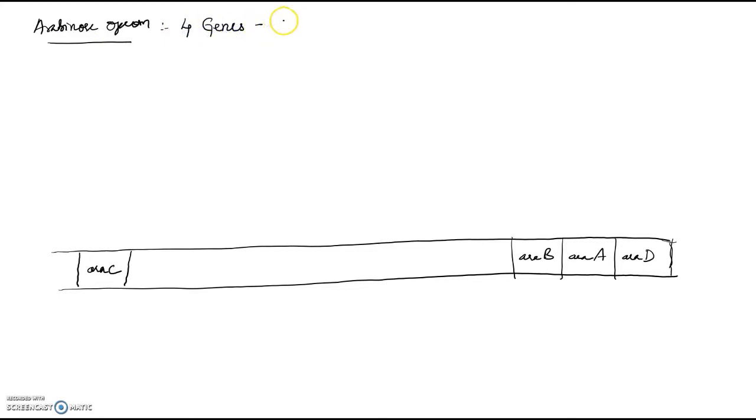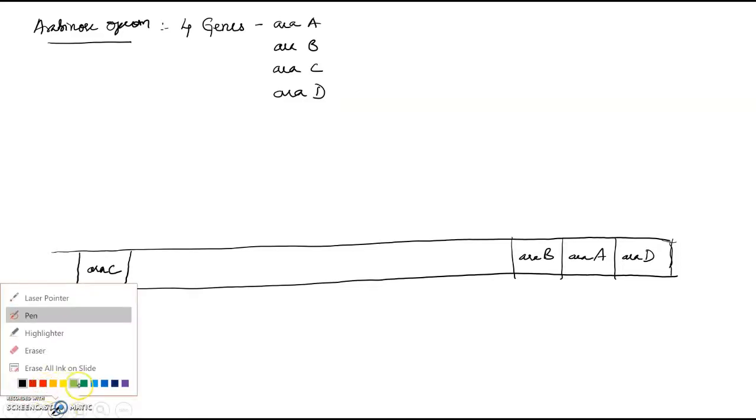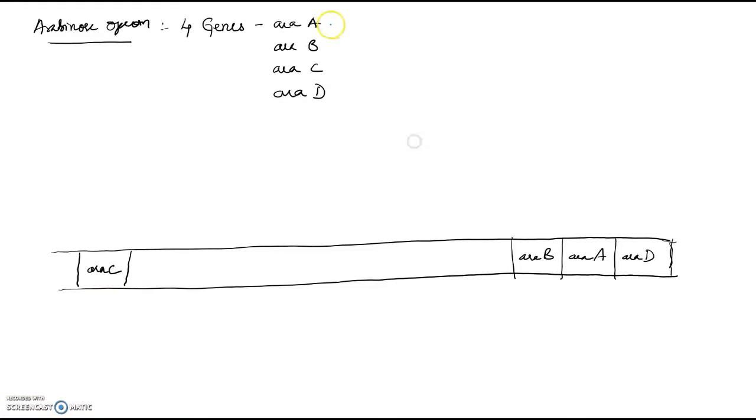What are those four genes? ARA-A, ARA-B, ARA-C and ARA-D. What do these code for? ARA-A codes for an isomerase.